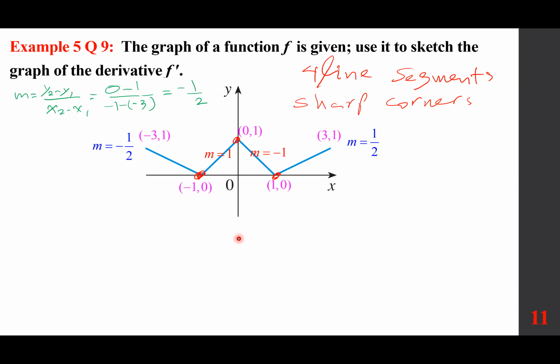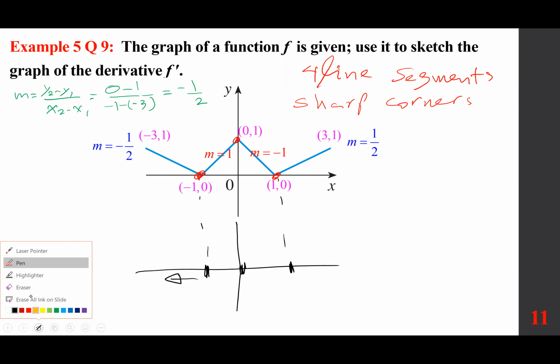If you were to do that, I'm going to erase it in a moment. Understand that this is 1, this is 0, this is 1. For example, to the left of this, we are dealing with this one, so to the left of this, we have to graph the line y equals -1/2.